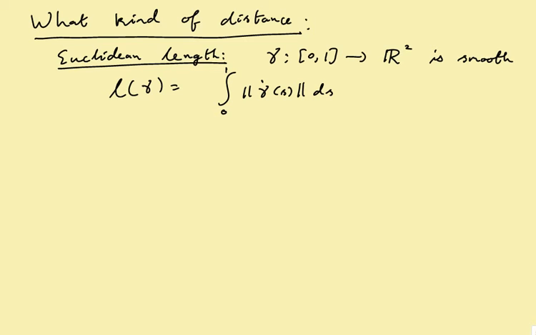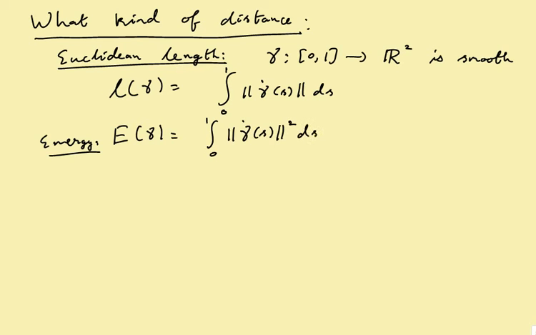Now I'll also have another quantity, energy, just to illustrate things: E of gamma is the integral from 0 to 1 of the norm of gamma dot of s squared ds. Well, energy is nicer because it's quadratic. Everybody knows that quadratic things are nice. So I can write it as the inner product of this.